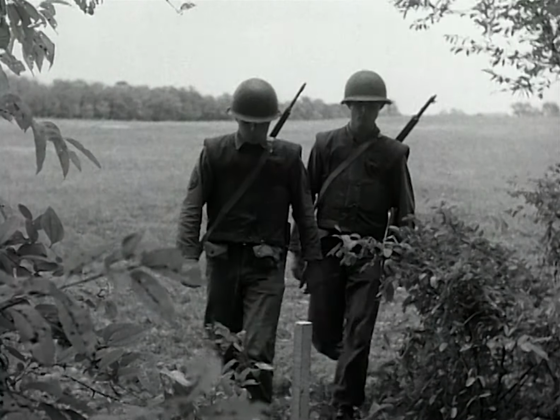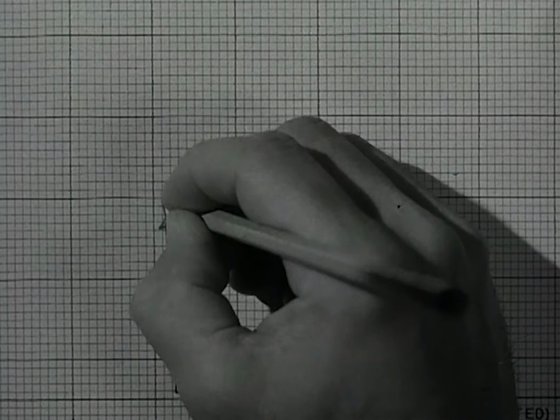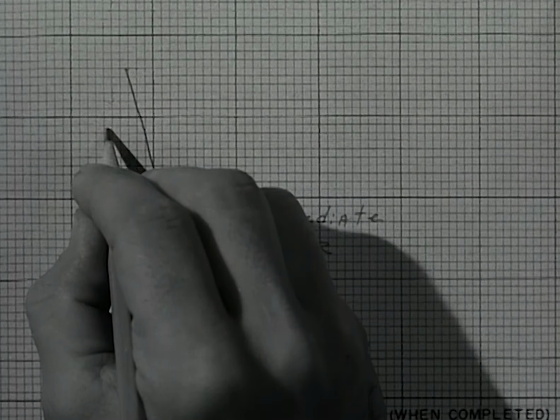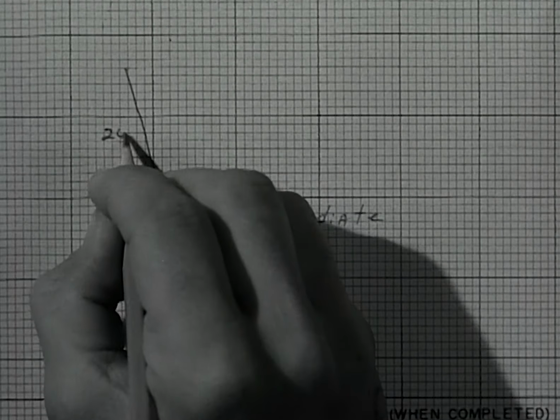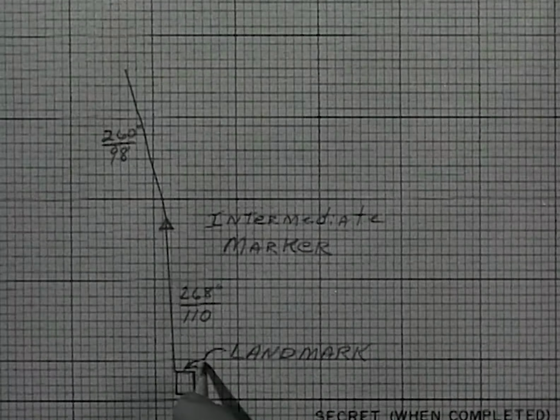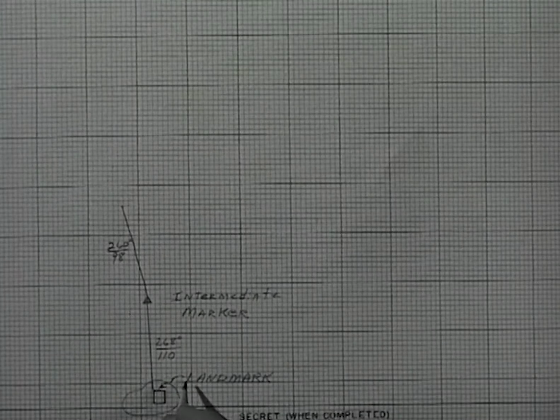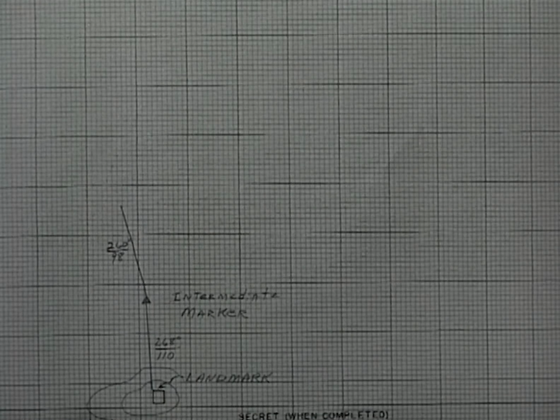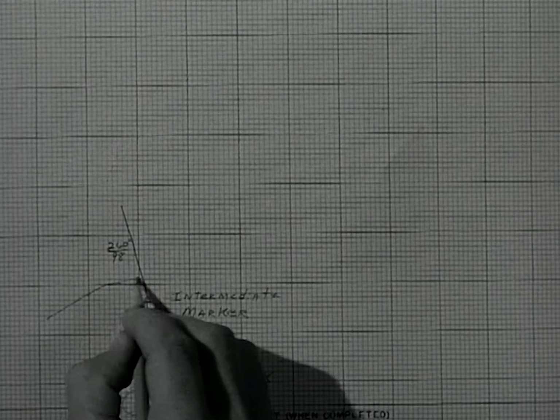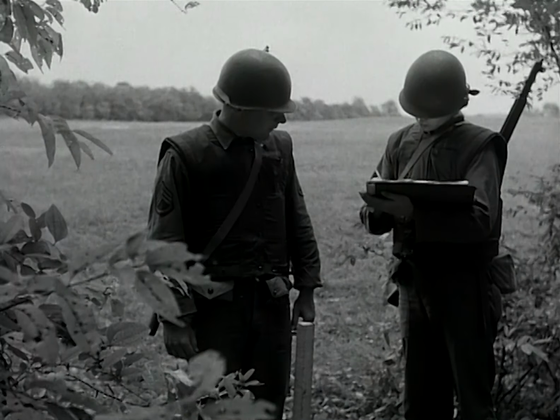With this information, the recorder can establish the boundaries on his sketch. He draws in the lines on the lower half of the form and writes in the compass readings and distances in paces. He also draws the terrain features, such as roads, hills, towns, woods, or rivers.